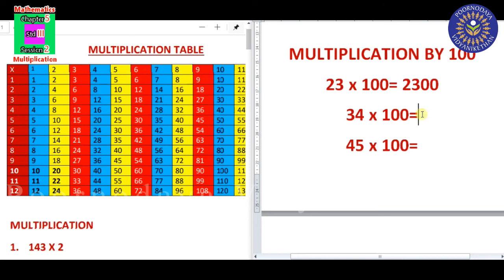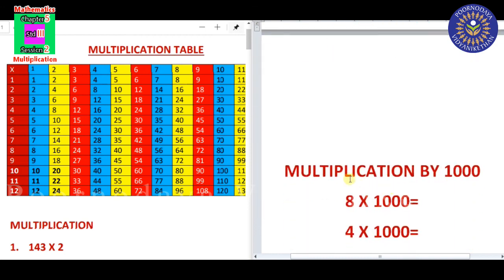So, tell me 34 into 100. What we have to do? Yes. Write 34 and put 2 zeros at the end of this number. Clear? Then next, 45 into 100. How can we find the product? You have to write 45 and put 2 zeros at the end of the number.